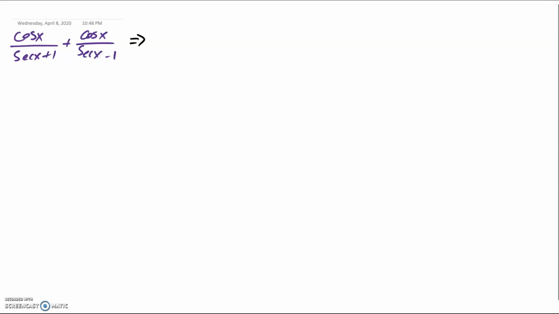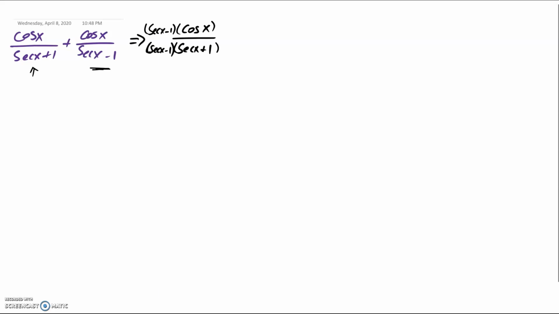What we will do is multiply this term, cos x over secant x plus 1, by the denominator of the other one. It's going to be secant x minus 1 over secant x minus 1.